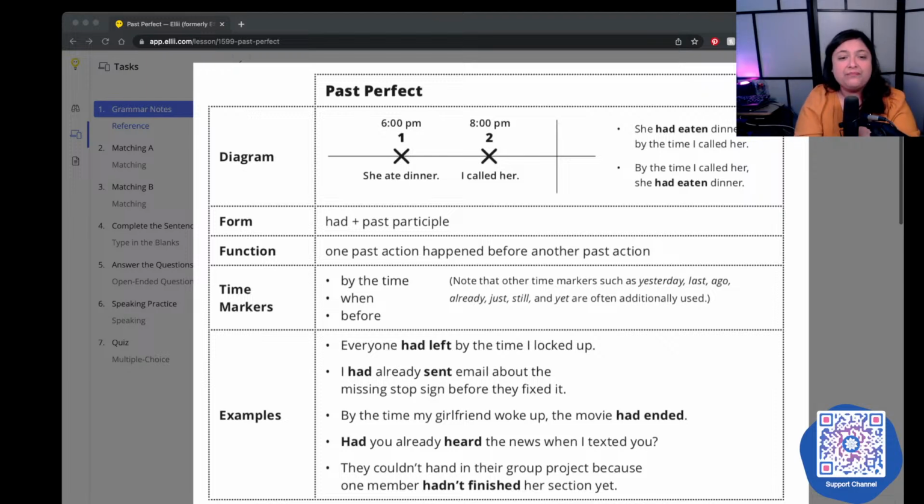We have the subject plus had plus the past participle plus the complement or the other action.